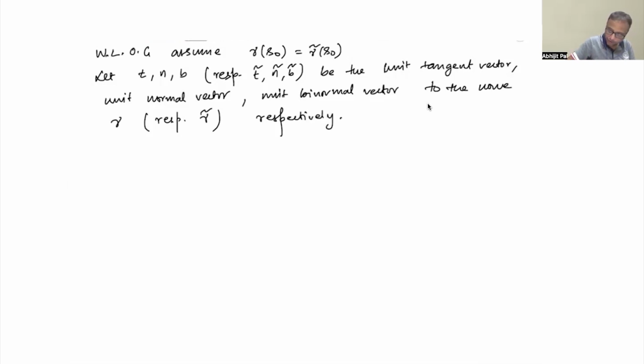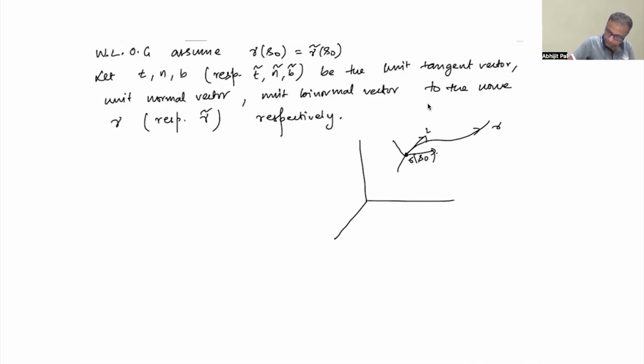Now if I draw a picture, this is my curve gamma, and this is my point gamma(s0). Here you have this triad, something like this.